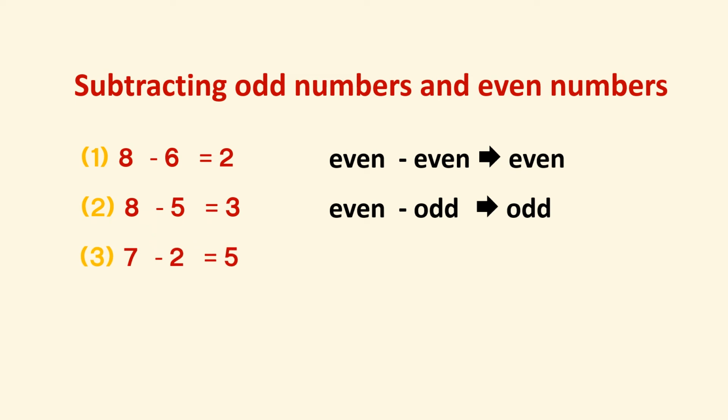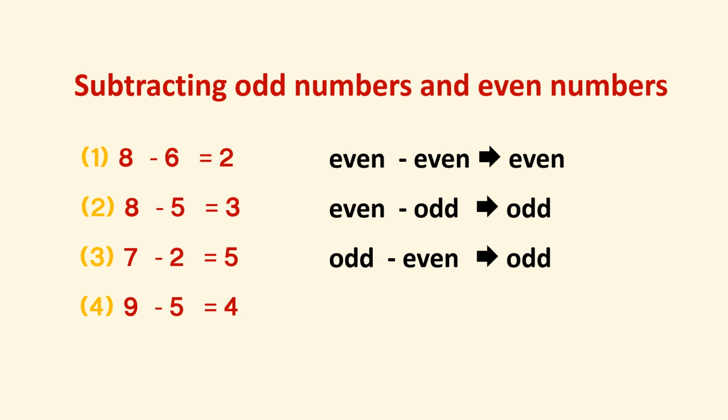Next one. 7 minus 2 equals 5. So 7 is an odd number, 2 is an even number. So odd number minus even number, the result is 5, that is also an odd number. Therefore, I can say odd number minus even number, the result is an odd number.